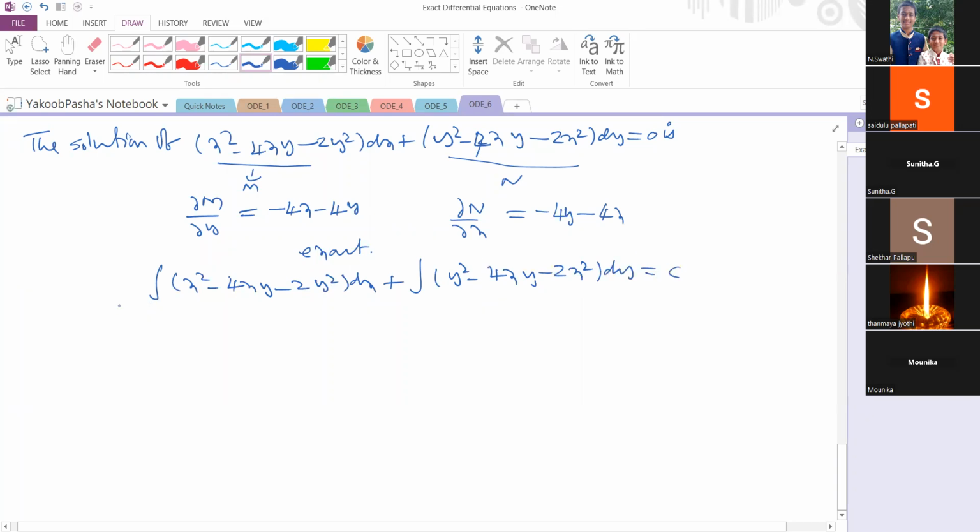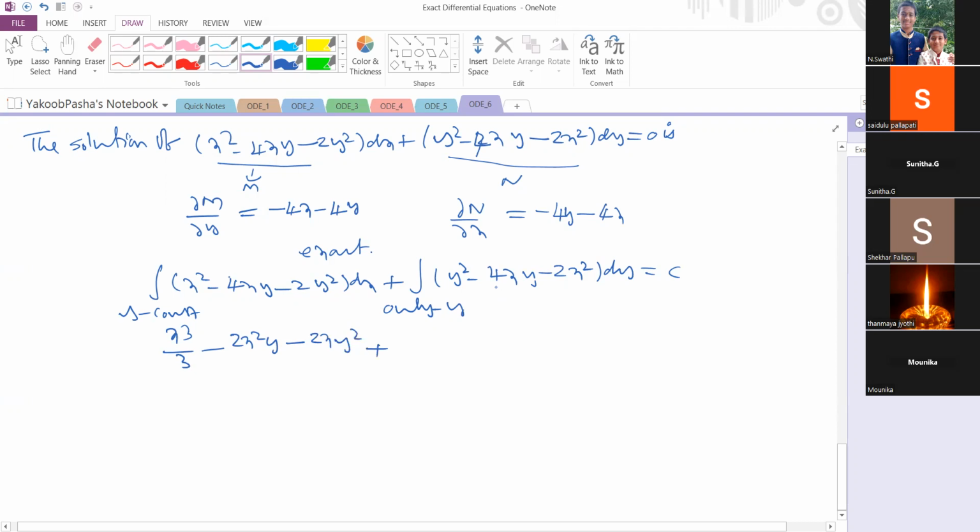Now we know the condition: here y constant, and here only y terms we have to integrate. Now y constant means here x square integration is x cube by 3, minus here 4x integration is 2x square y, y constant, and here 2y square constant, so we get 2xy square.